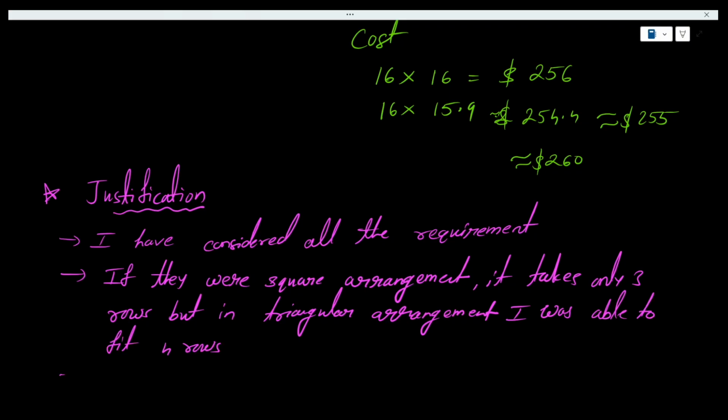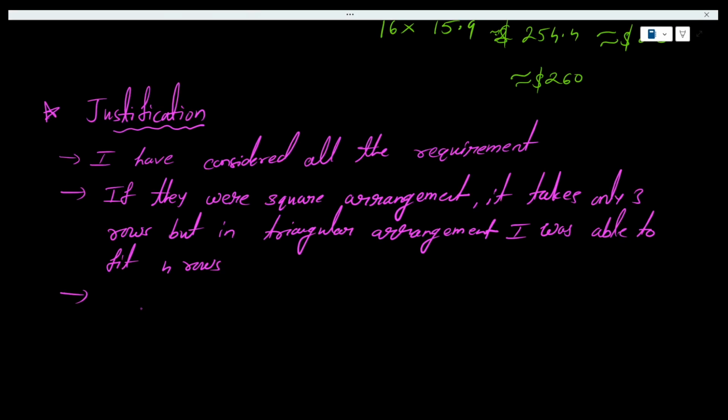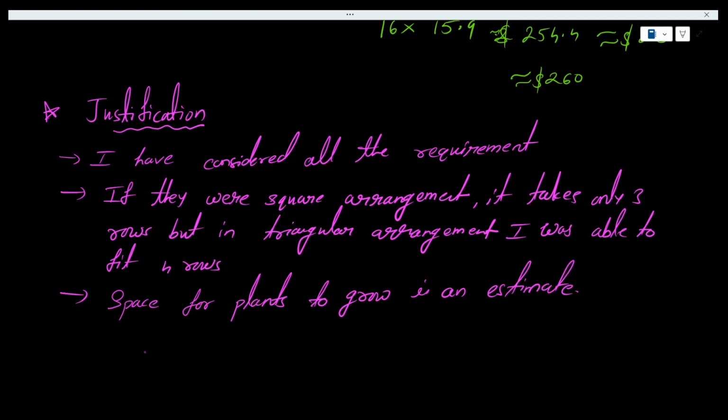Then what could be the next reason here? Because accuracy was given, space for the plant to grow is an estimation, right? Because you can't take the exact decimal value. So space for plants to grow is an estimated value. That's why in between we have done the rounding off. Now some plants may not need exactly the same space to grow, because some plants grow slow and other plants grow fast, right?